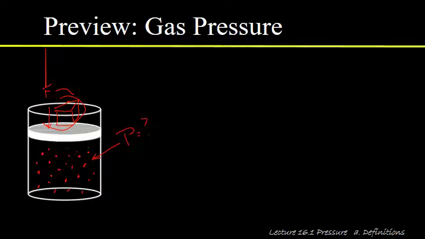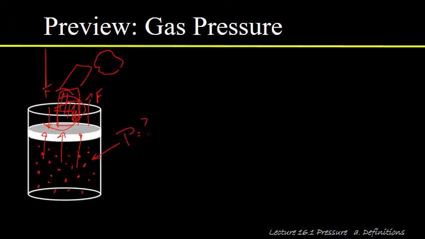Conversely, another way to look at this would be we could have a cylinder like this, and the cylinder maybe is hooked up to some kind of a drive shaft and a bunch of gears or something, and maybe we heat up the gas, that creates a pressure, and so instead of having the piston pushing on the gas, we can think of the gas pushing on the piston, and that would create some kind of an upward force.